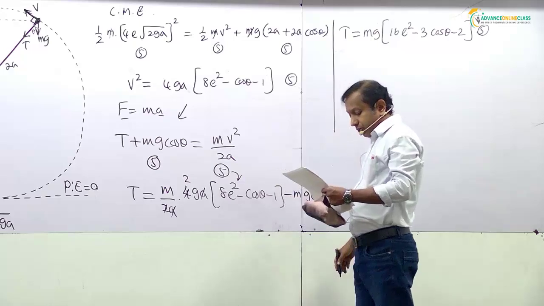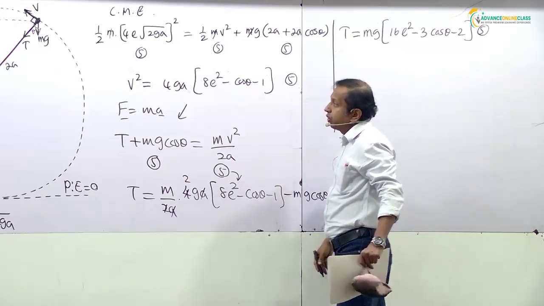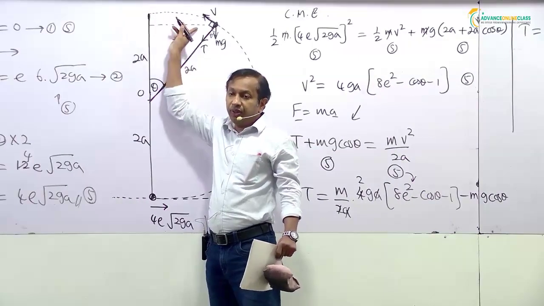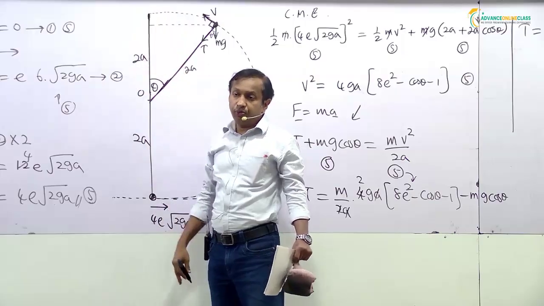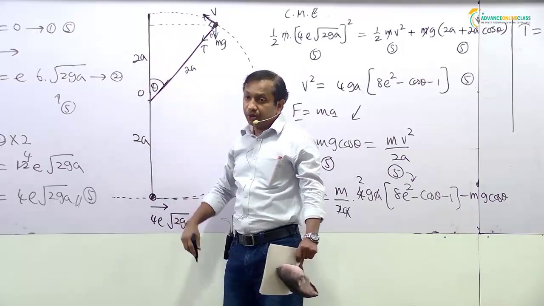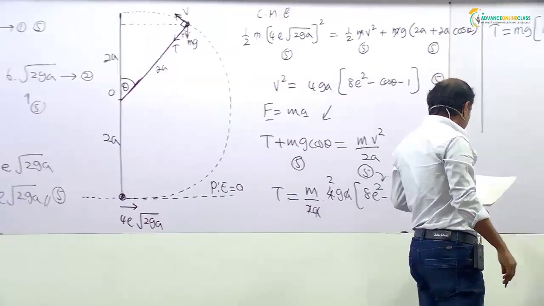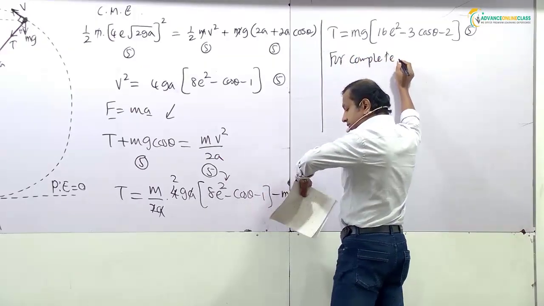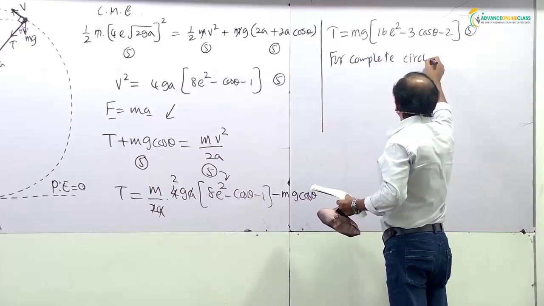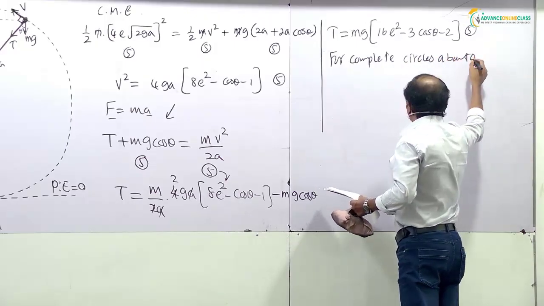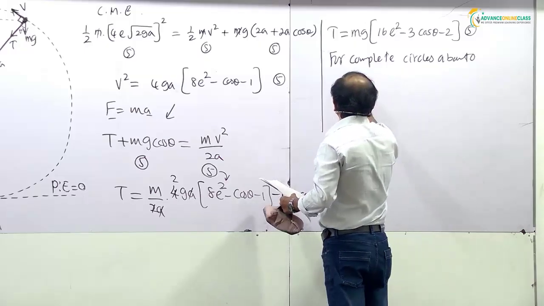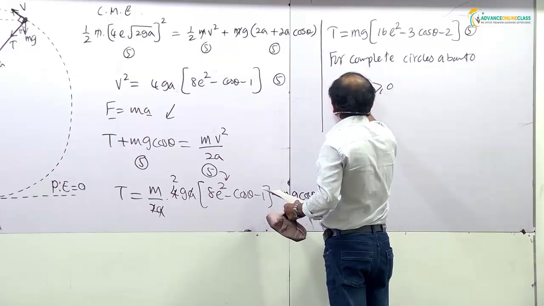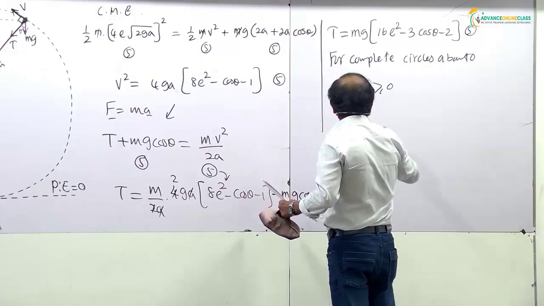What is the condition required for the complete circle? We know for the complete circle, at the highest point, T should be either positive or 0. The highest point means when theta is 0. So for a complete circle, T at the highest point, theta 0, is greater than or equal to 0. This is 5 marks.